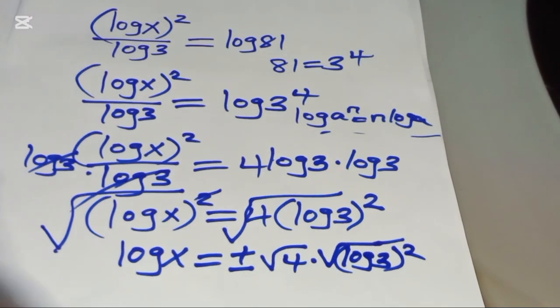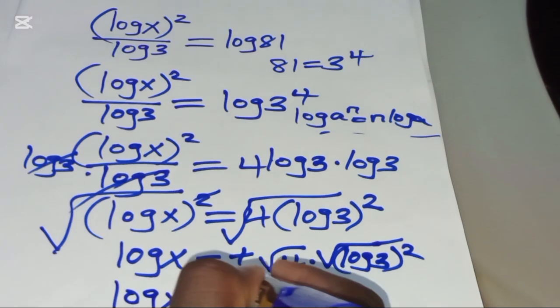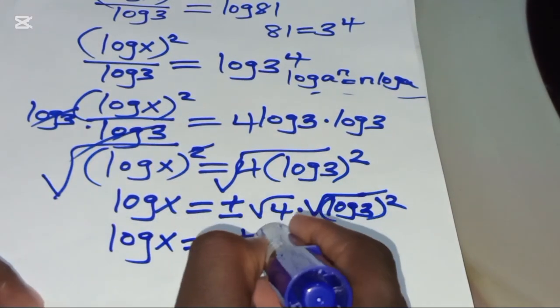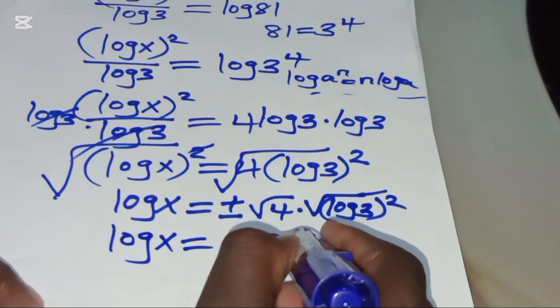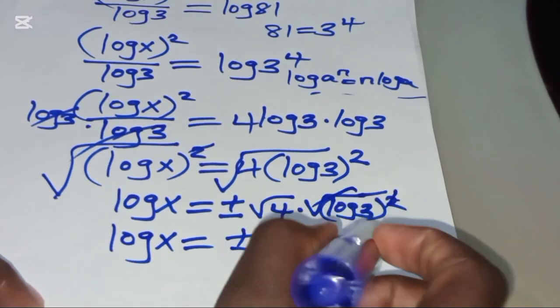Now the square root of 4 is 2, multiplied by log 3, since the square and square root eliminate each other.